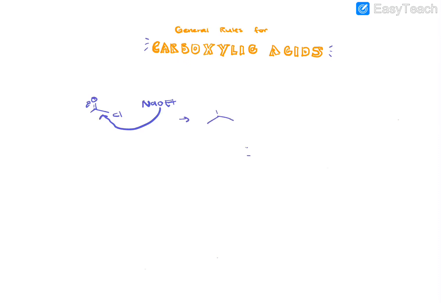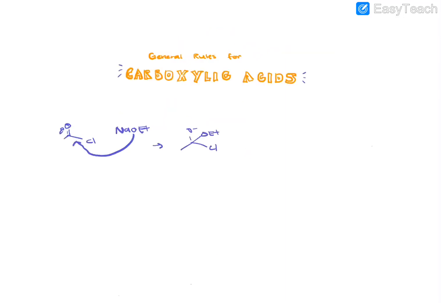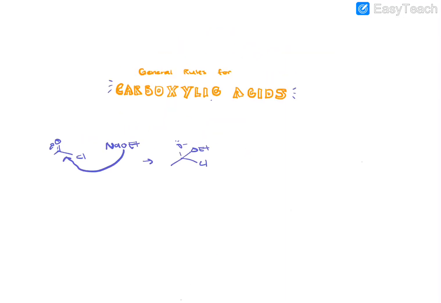Then that is going to be O neg, chlorine, OEt. So the first thing, we attack the carbonyl. Then we're going to reform our carbonyl. Right, so this is our beginning. Intermediate.